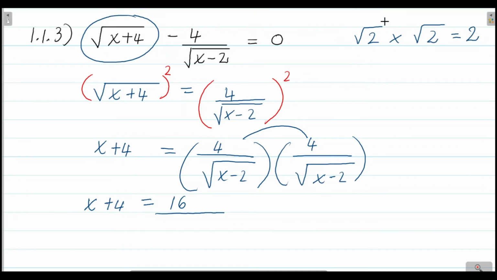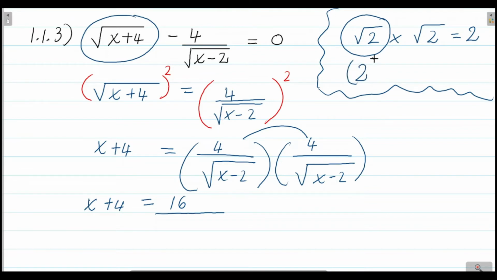Okay, if you actually were to change the square root of 2 into exponential form, this is just an additional explanation so that you see what's happening. If you change that into exponential form, it'll be 2 to the power of 1 over 2.